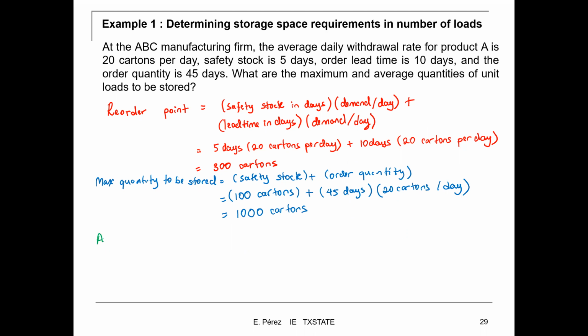Then finally, we have the average quantity to be stored. That is equal to 1/2 the order quantity plus the safety stock.